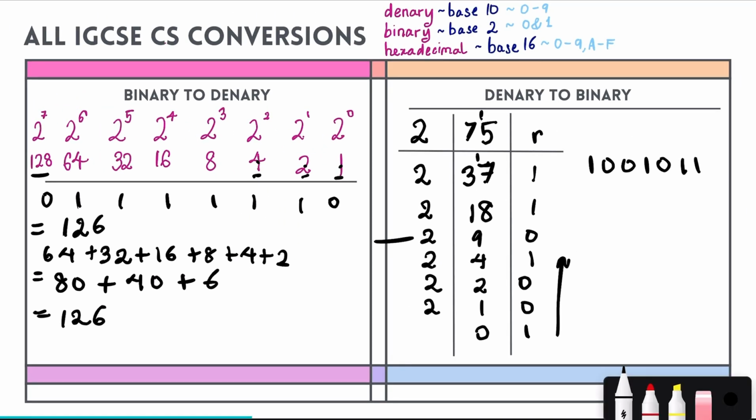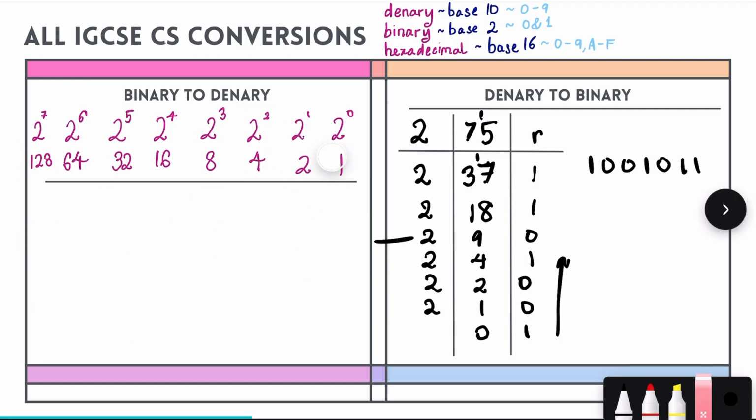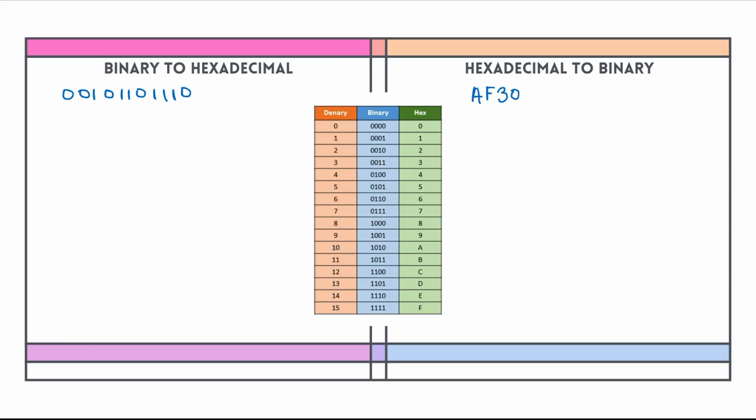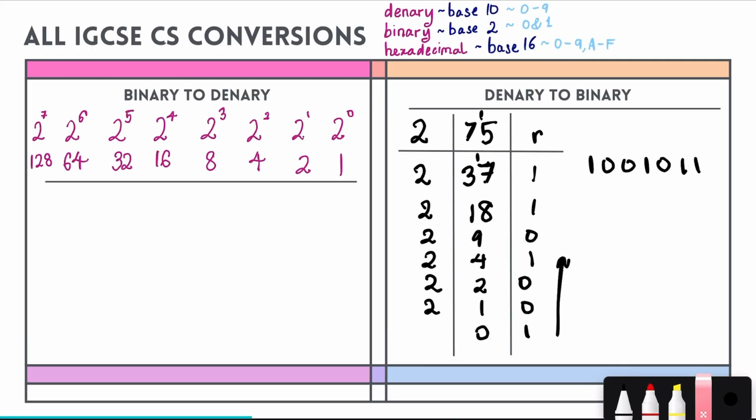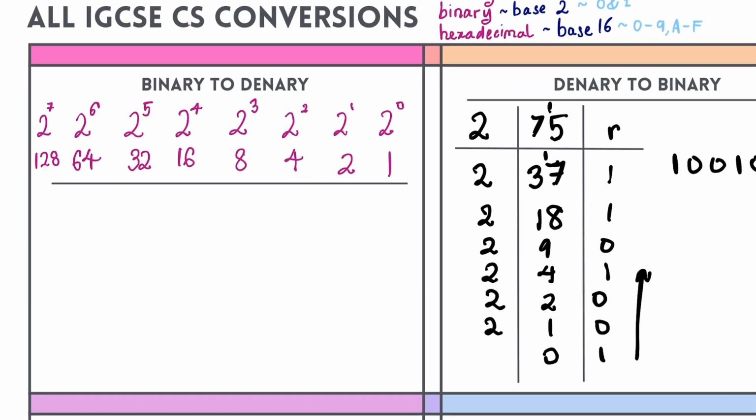Okay, so let me erase this real quick. Wait, let me just go back. Okay, so we're trying to get 75, right? So we're going to build up to 75. So if the switch for 128 is on, we're going to get a number that's 128 or higher, but we don't want that, so that switch is going to be off.